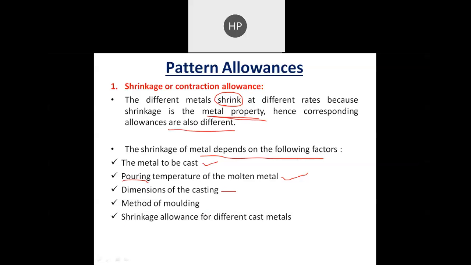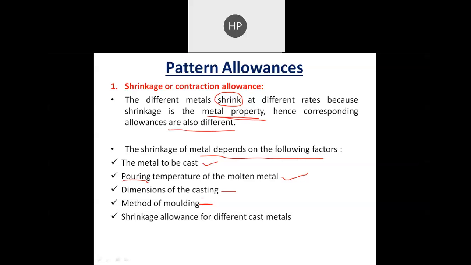Then the method of molding: what kind of molding method we are using, we are going to discuss all the various kinds of molding methods. In some cases the cooling process is faster and directional, in some cases it will be slower and not unidirectional.